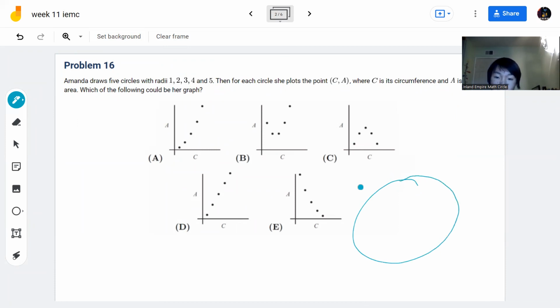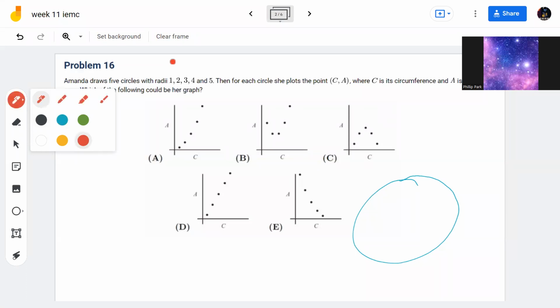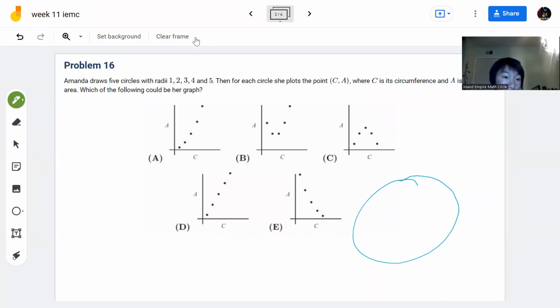So circumference is just the distance around the circle. I'll explain it in case.